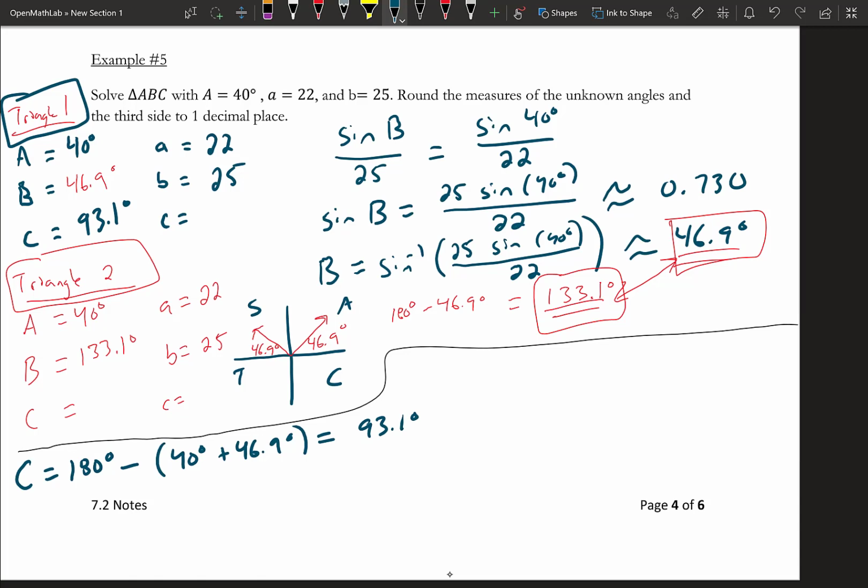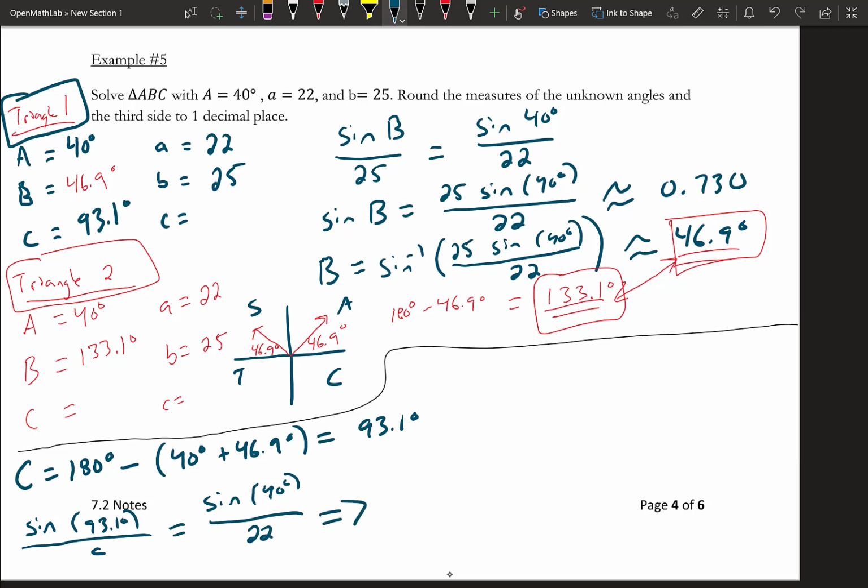Right? So then now I could use the law of sines to figure out c. So sine of 93.1 degrees divided by little c is equal to sine, I'll use A, so 40 degrees divided by little a, which is 22.